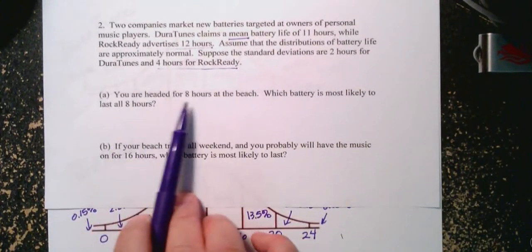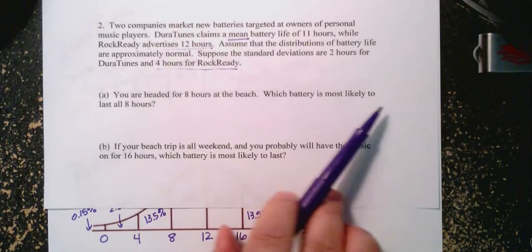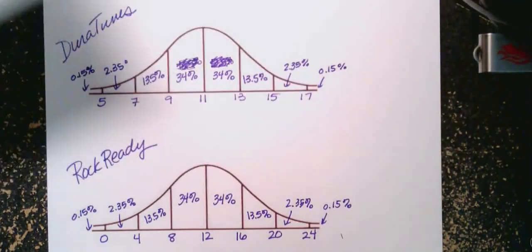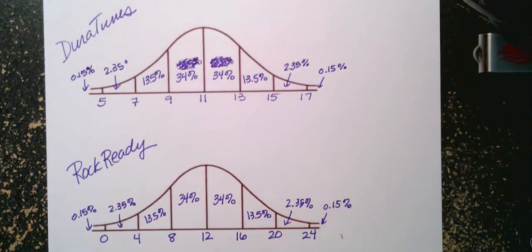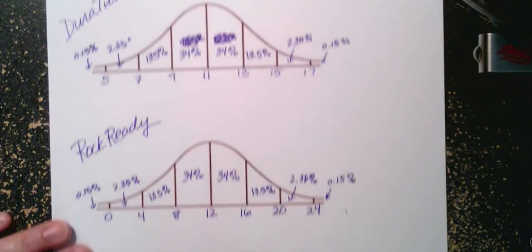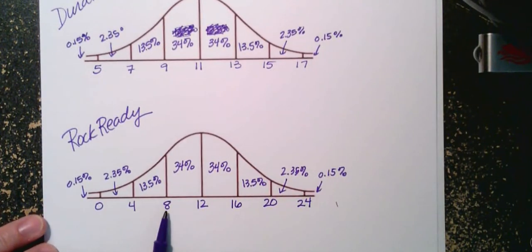So you are headed for 8 hours at the beach. Which battery is most likely to last all 8 hours? Okay, well, let's look at what percent of Duratunes and what percent of Rock Ready is going to last 8 hours. It's easier to look for Rock Ready.